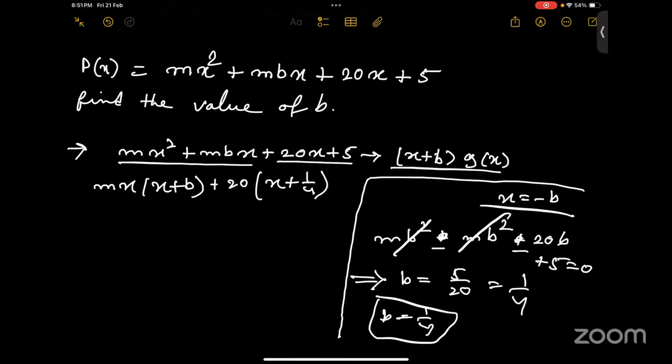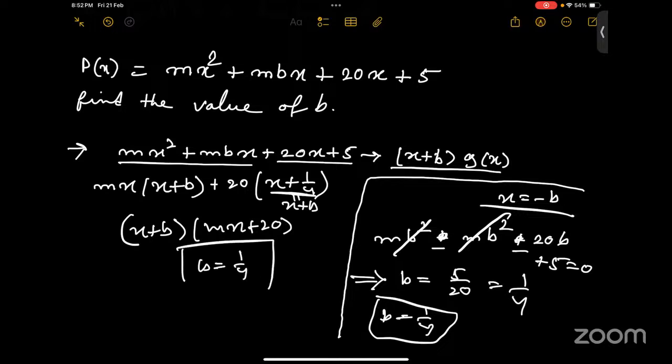Now in the next line, we want to take x plus b as common so that we can get x plus b into mx plus 20. So this factor should be equal to x plus b, right? That means b should be equal to 1 by 4. This is something like intuitional.